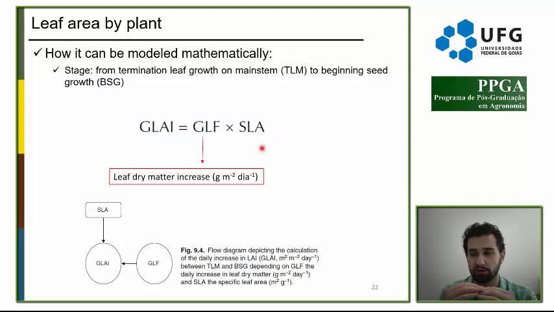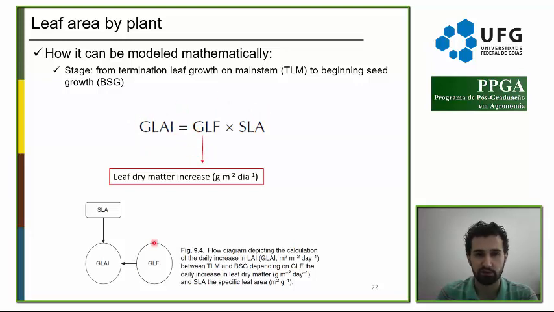So until the beginning of the reproductive period, the seed growth, the thermal time defines how many leaves I have, and I don't have more increase in this number when the beginning of seed growth starts. But if I have more carbon available in the system, these leaves that were defined previously will increase in expansion, and in function of the specific leaf area and the dry matter available for this leaf area, you're going to have an increase every day.